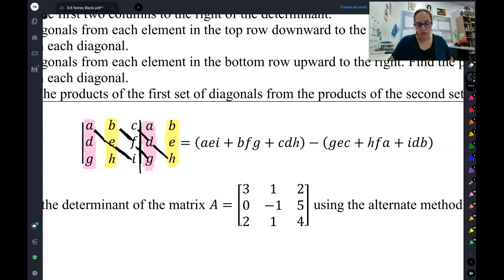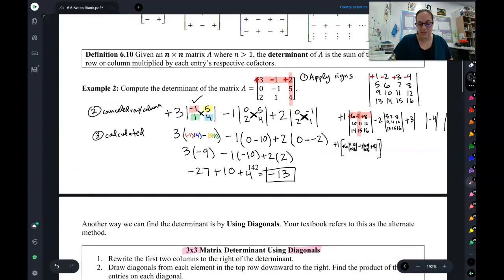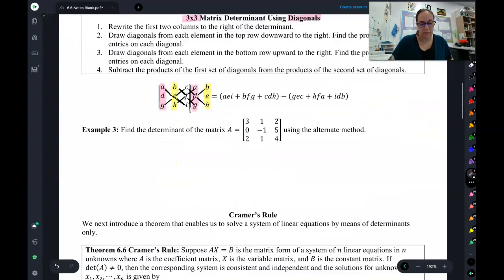Then I subtract, and I do the other diagonal. So GEC multiplied together plus HFA multiplied together plus IDB multiplied together. So you can use this method and it will get you the same exact answer as this. However, remember, this only works on 3 by 3s, nothing bigger.